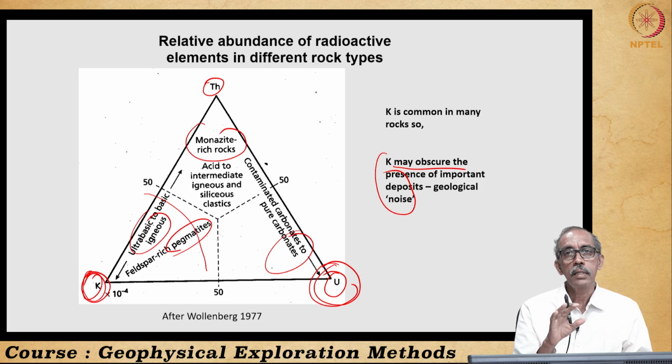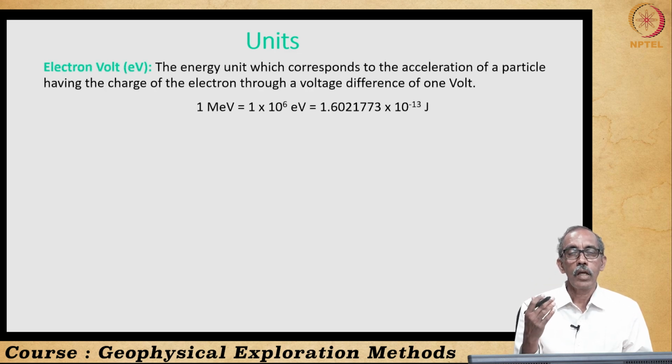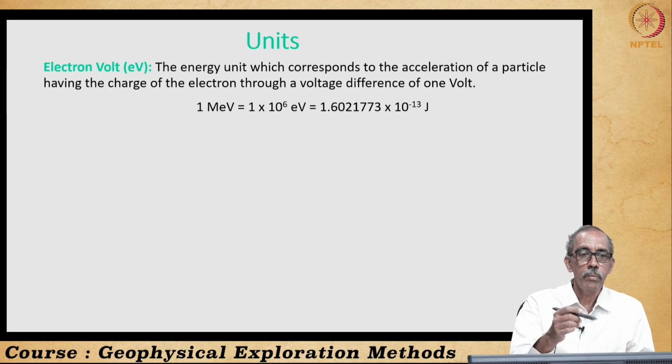So, after seeing something very general about the minerals and rocks that contain radioactive elements, let us pass on to what are all the units which we normally use in radioactive methods.